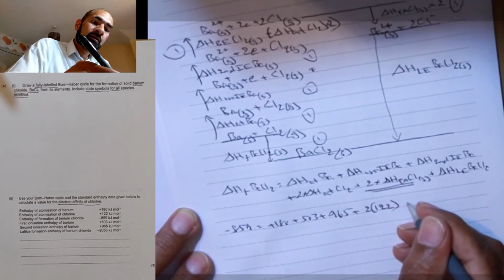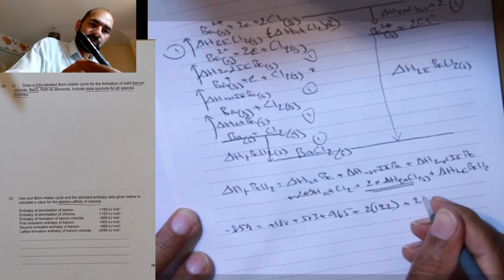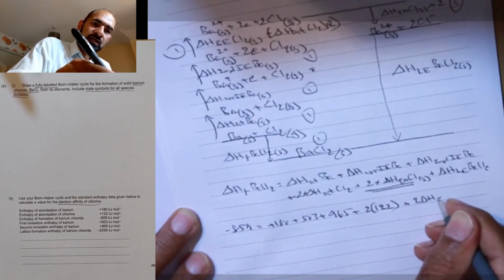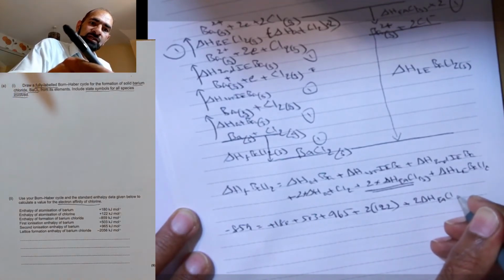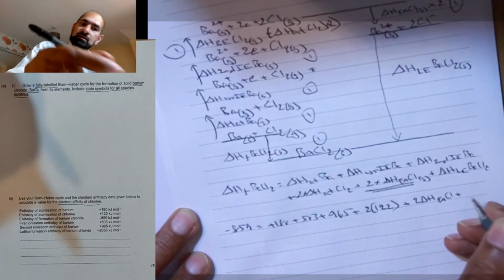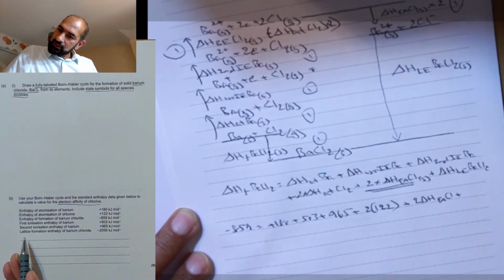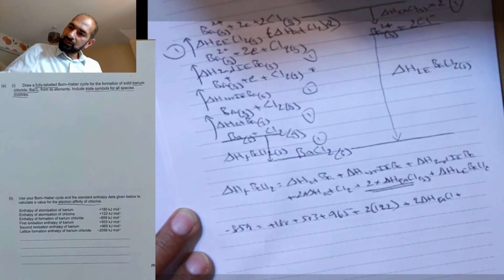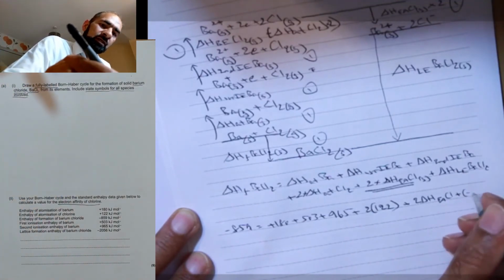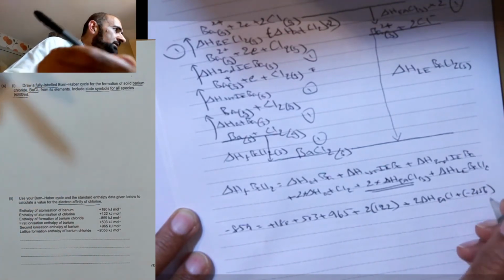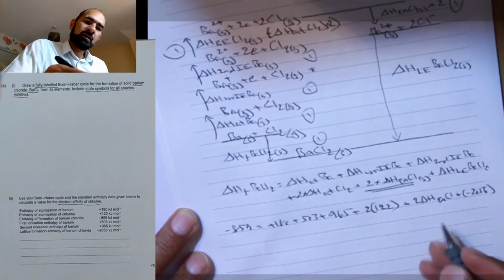And then, of course, there's 2 times delta H electron affinity of chlorine, and then plus, last one, lattice enthalpy of formation, minus 2056.